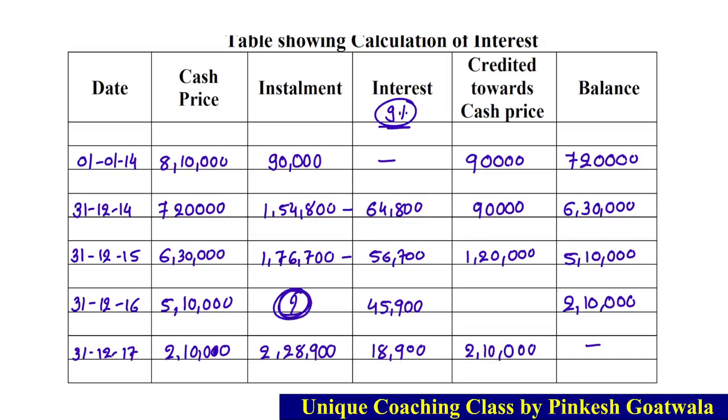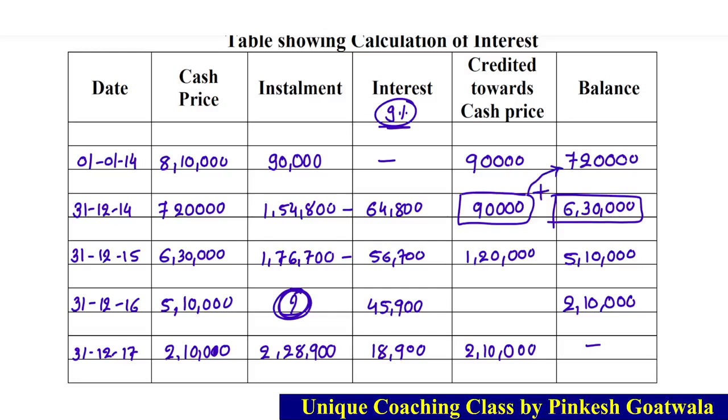We know one thing: the total of this 120 and this 510 is 630, right? 120 plus 510 is 630. We know this point. Same here, this 90 plus this 630, if we add, you will get 720.